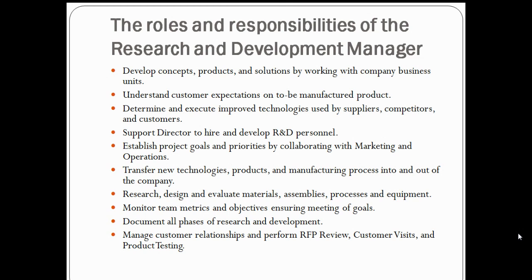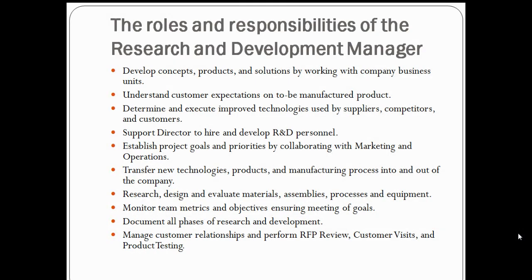They have to support the director to hire and develop the R&D personnel, because for innovation and certain development, we require expertise, skilled persons in the R&D department. So hiring and developing the R&D personnel is also one of the R&D manager's responsibilities.